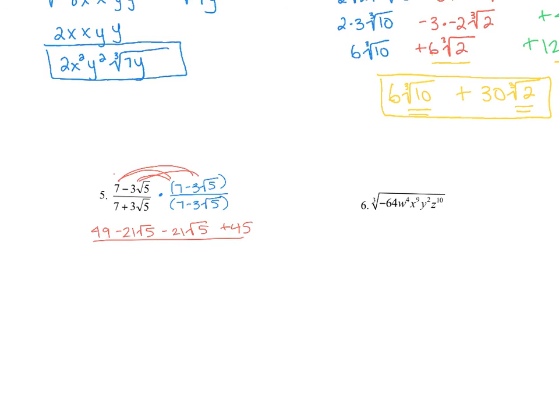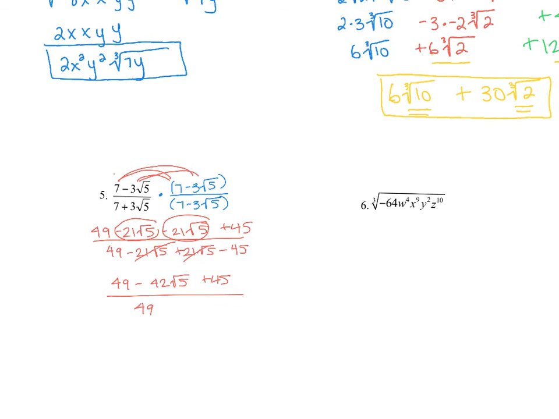Okay? And for your denominator, we're going to do the same thing, and we multiply, or we FOIL. We end up getting 49 minus 21 radical 5 plus 21 radical 5 minus 45. So let's simplify. In the numerator, we have 49 minus 42 radical 5, because they're like terms. We can add these together, and then plus 45 over 49.